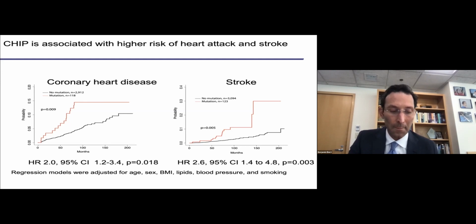And the directionality of this finding has been shown in mouse models where somatic mutations in TET2 or DNMT3A or JAK2 can lead to accelerated atherosclerosis.